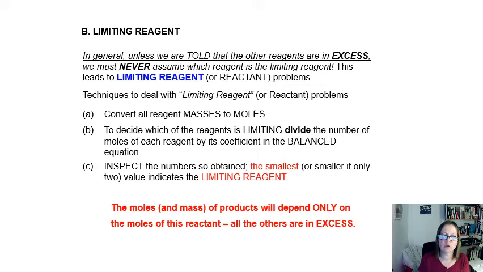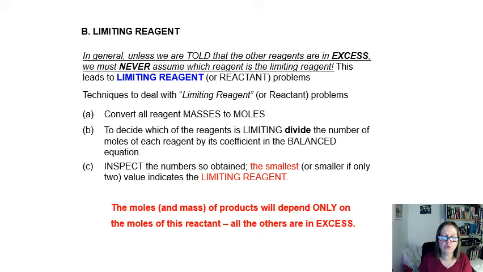In the examples that we have seen previously, all of the other reagents were given in excess. When it doesn't say that the other reagents are in excess, you should never assume that they are in excess, and you have to determine which is the limiting reagent. In the case I gave you as an example, your number of frames was the limiting reagent.